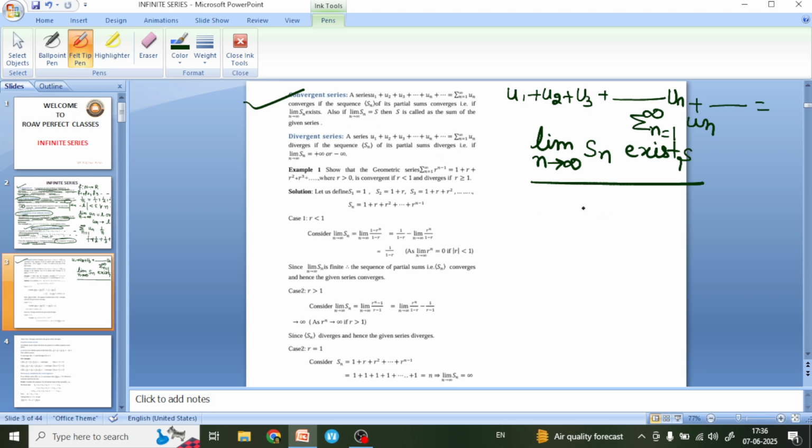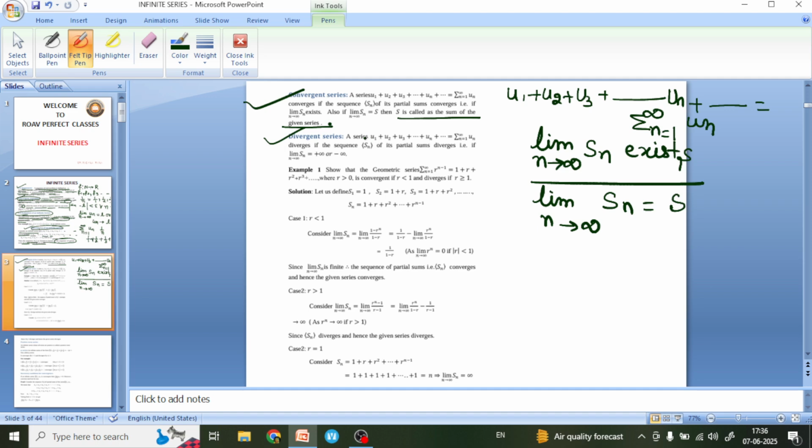Also if the limit as n tends to infinity of Sn is equal to S, here S is called the sum of the given series.